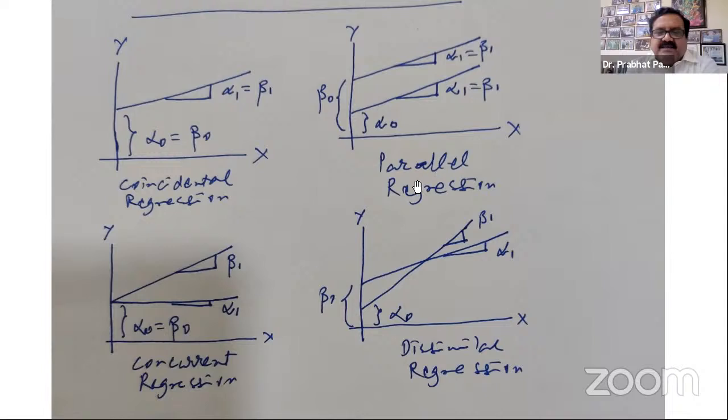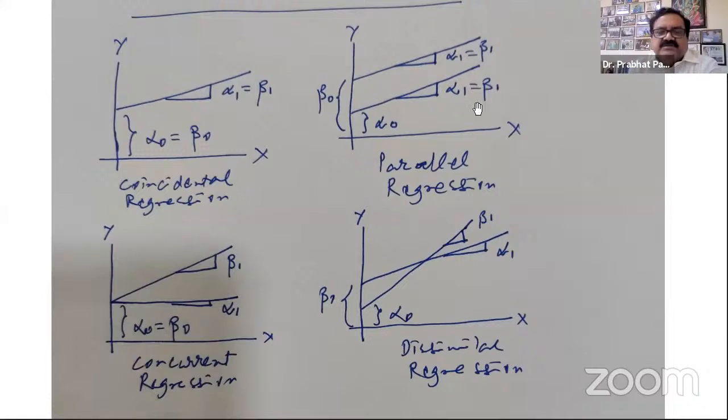Second is called the parallel regression. So what is happening here? In parallel regression, alpha 0 and beta 0 are different. So these two curves have two different origins, you can see. Their origins are at two different places. So the intercepts are different, while the slope remains the same in both periods.